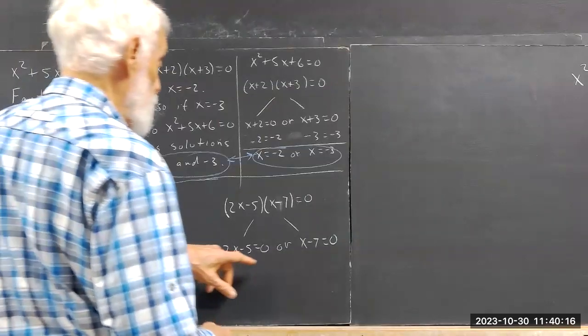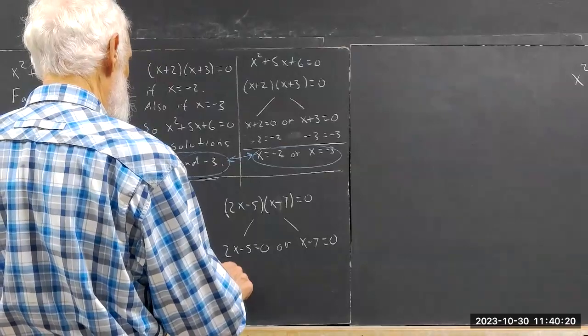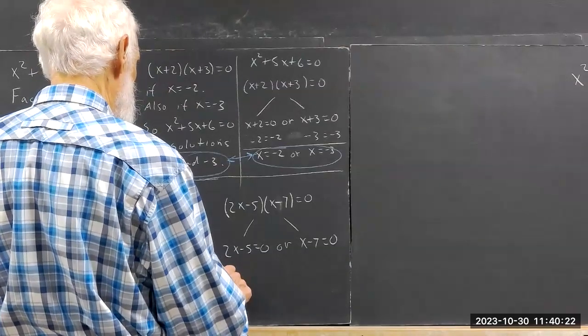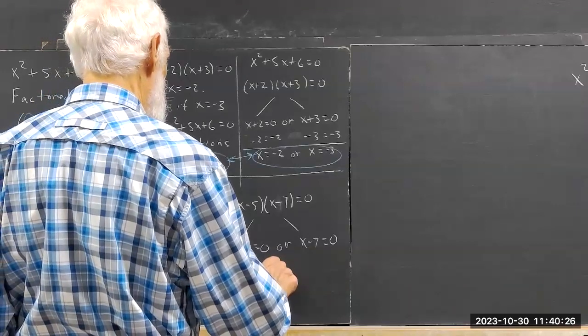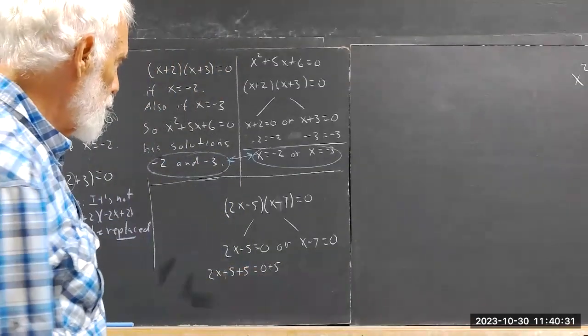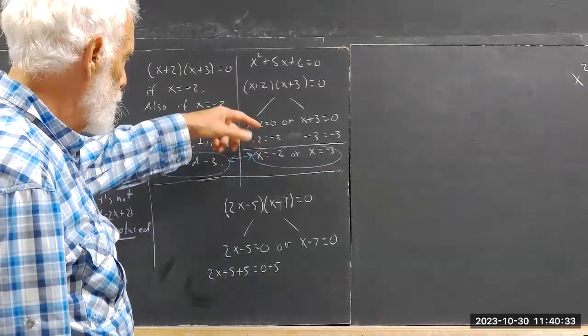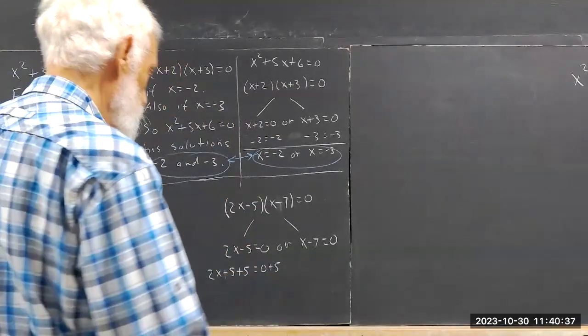Okay, anyhow, 2x minus 5 is 0. Well, I'm going to do this in the form where I add 5 to both sides. Rather than putting plus 5 down here and plus 5 here, I just tack it on to both sides.